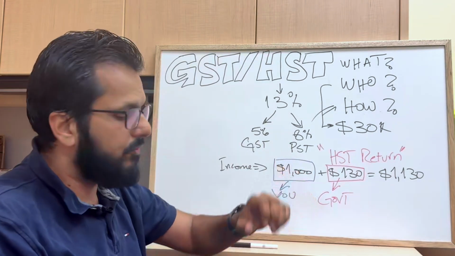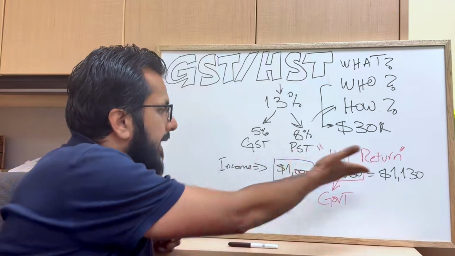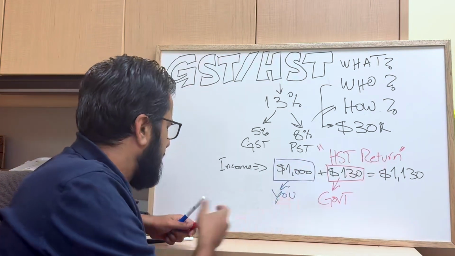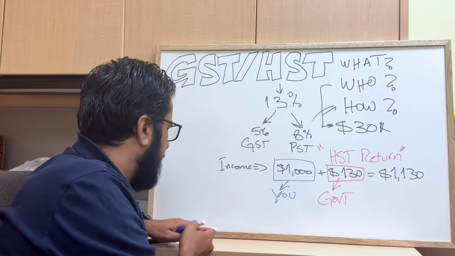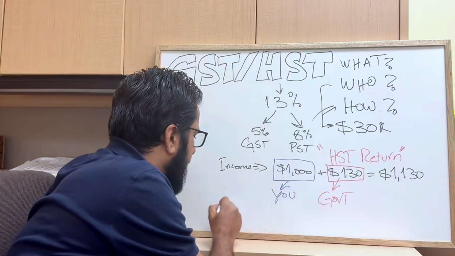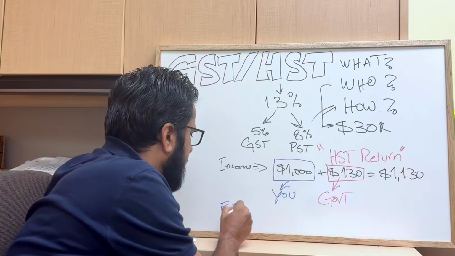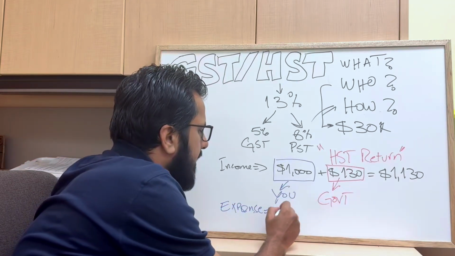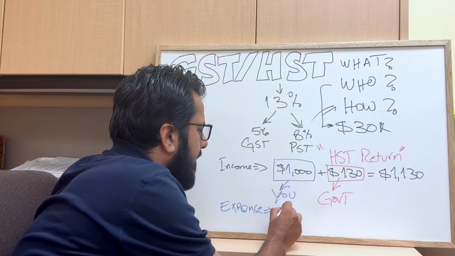So, for example, to make this income of $1,000, you had an expense. You just bought some computer accessory. I'm just saying, okay? So I'm going to call it an expense. So how would it look?